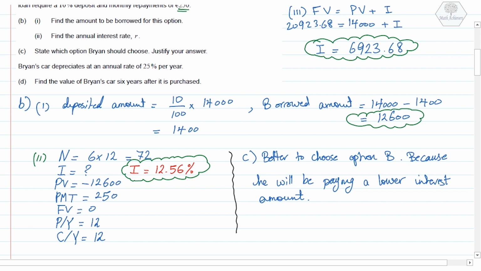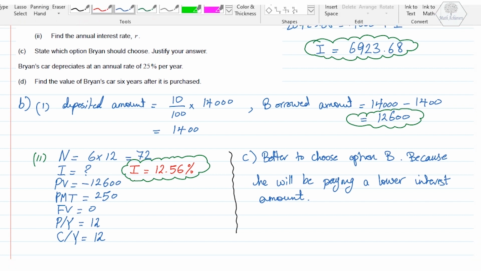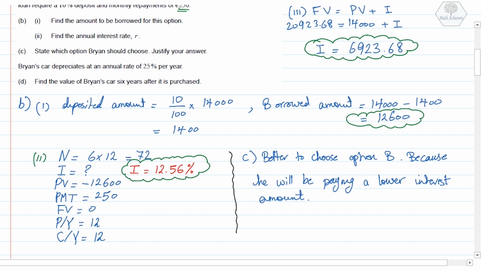Let's go to part D now. Brian's car depreciates at an annual rate of 25% per year. Find the value of Brian's car 6 years after it is purchased.